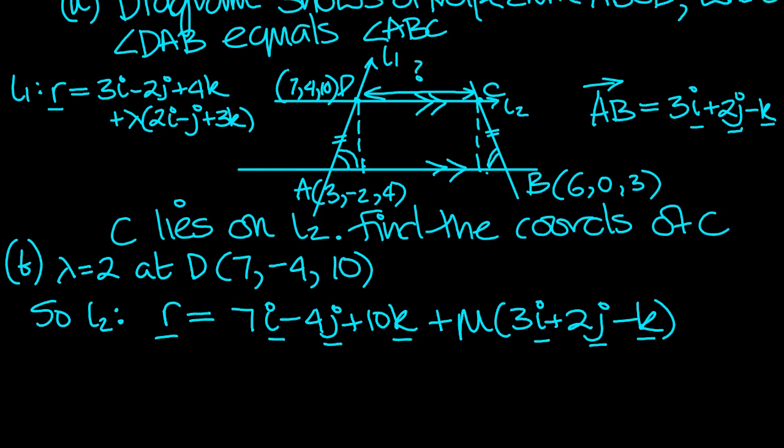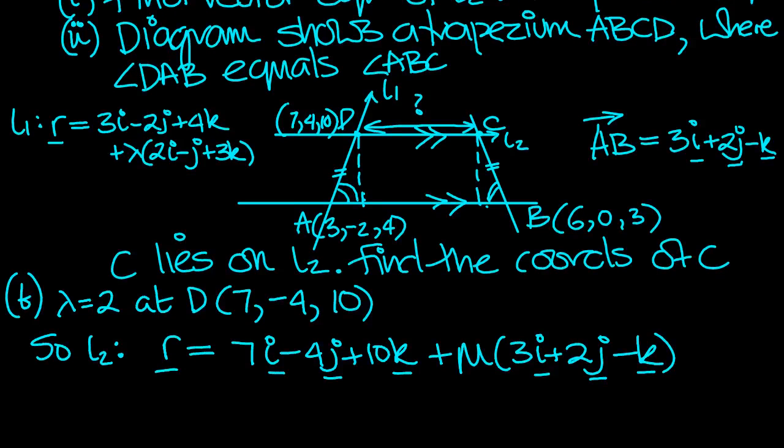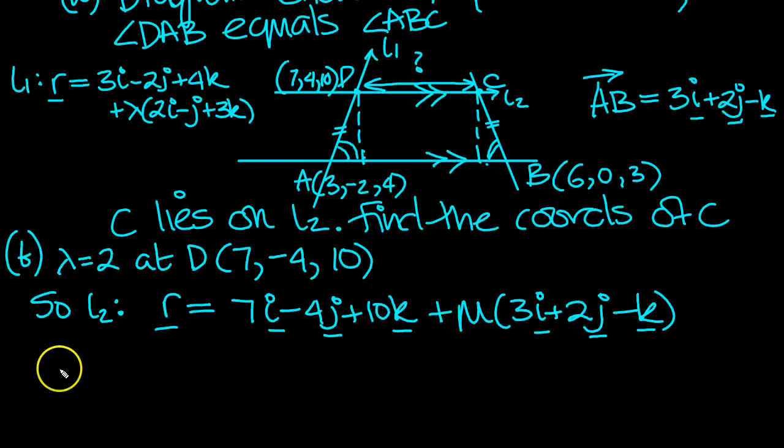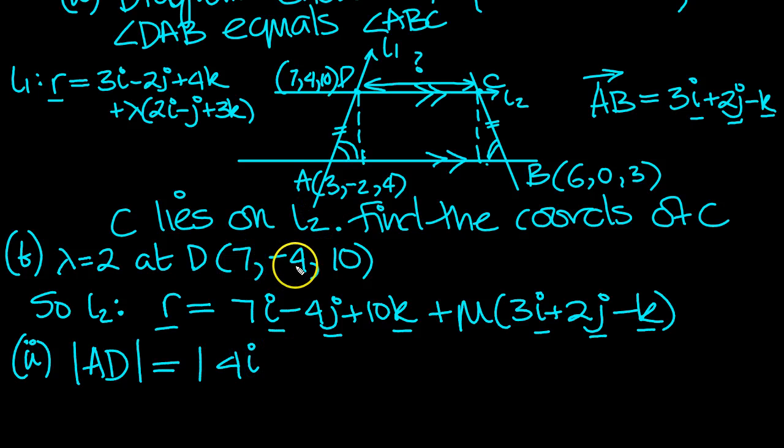So what should we do first then? Let's get this distance here. From here to here, we need the modulus of AD. The modulus of AD will be D minus A. 7 minus 3 is 4i. 4 minus minus 2 is minus 4 plus 2, which is minus 2j.